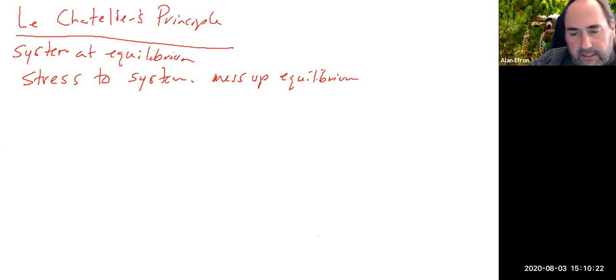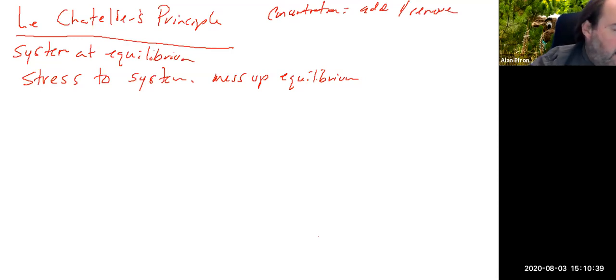When we talk about stresses, that could be concentration, where we could either add or remove. We can talk about pressure and volume, which is another thing we could change and affect.